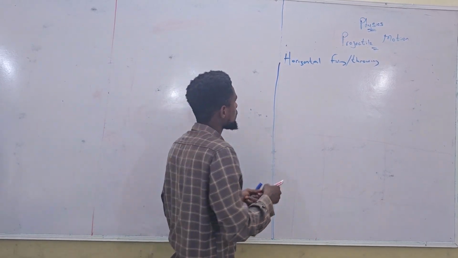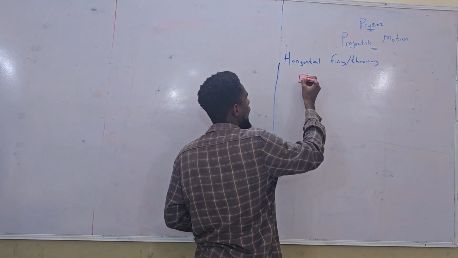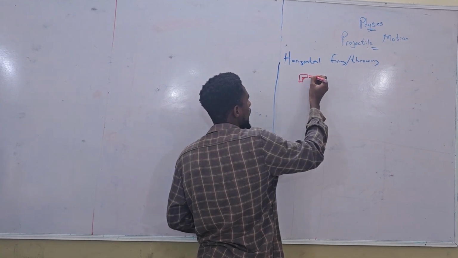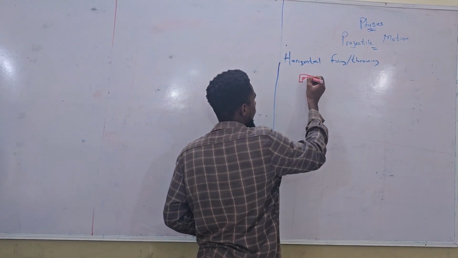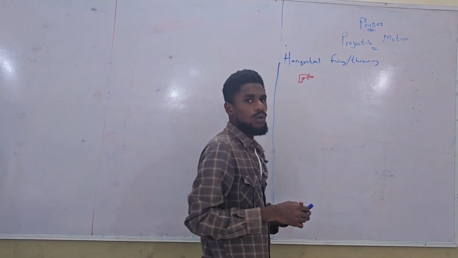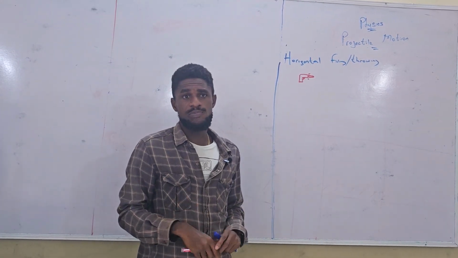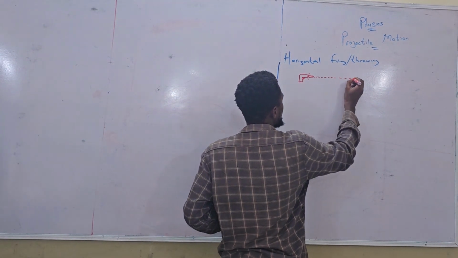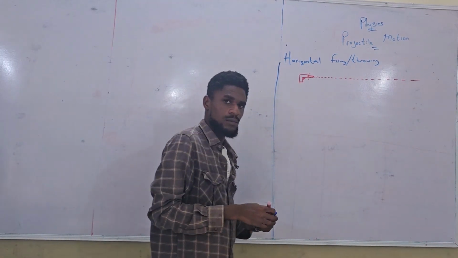So let's say we have a gun like this, and we want to fire a bullet from its mouth such that it moves like this. What happens to this bullet if it was in space? You discover that this bullet will just go straight for eternity.